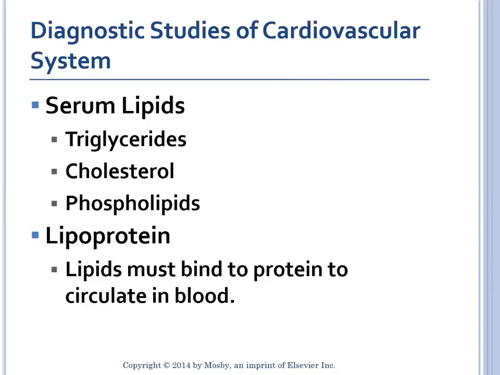A lipid panel usually measures cholesterol, triglycerides, LDLs, and HDLs. Elevations in triglycerides and LDL are strongly associated with coronary artery disease. An increased HDL level is associated with a decreased risk of coronary artery disease. High levels of HDL serve a protective role by mobilizing cholesterol from tissues.